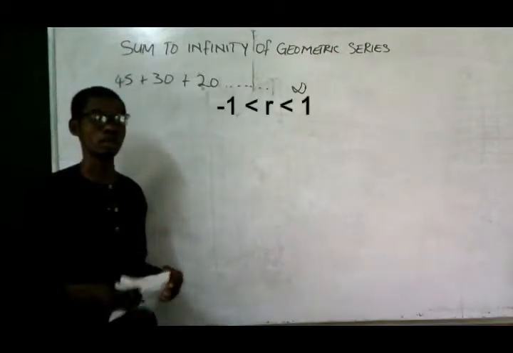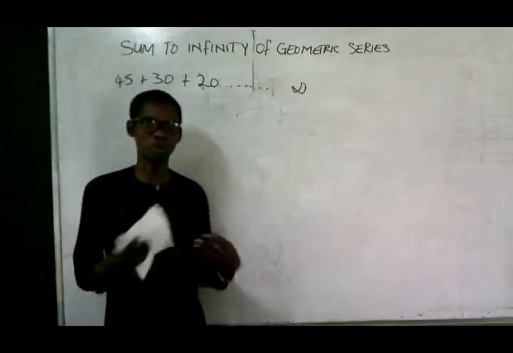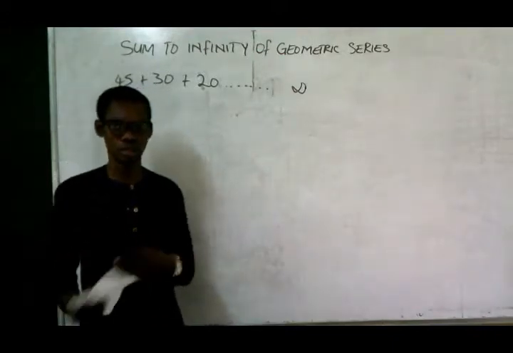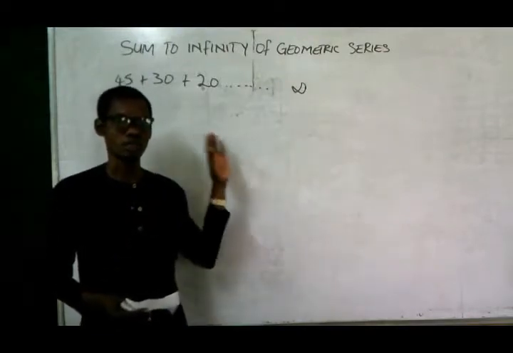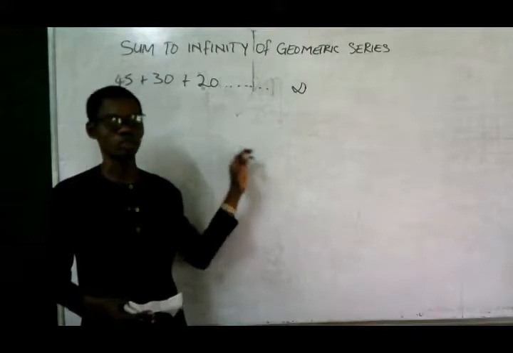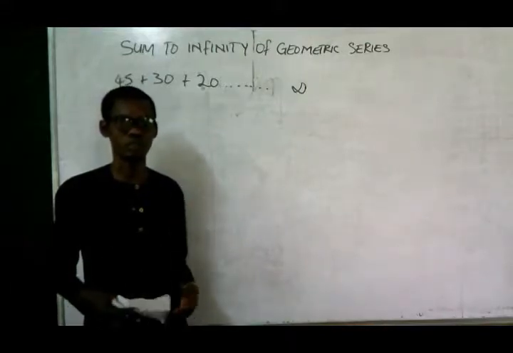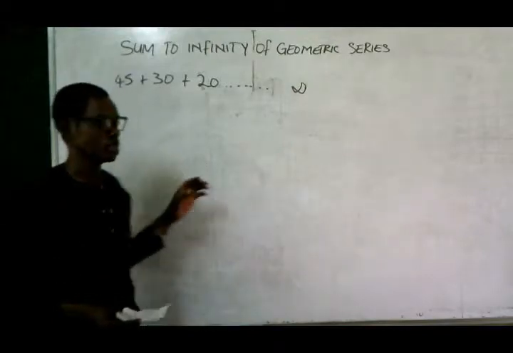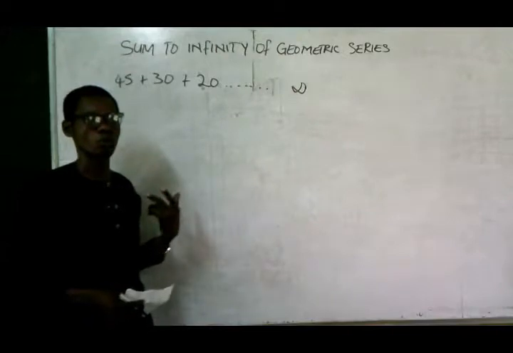Otherwise, if the common ratio is greater than 1, or a whole number like 2, 3, 4, as the case may be, finding the sum to infinity of that geometric series, the answer is still going to be infinity.